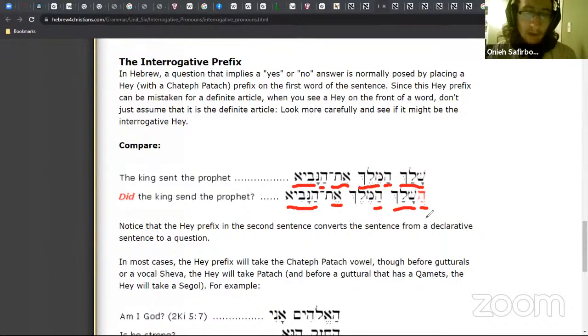The king sent the prophet? Well, the same thing for them, except that they have it at the beginning. The hey is that, and then they have the phrase.